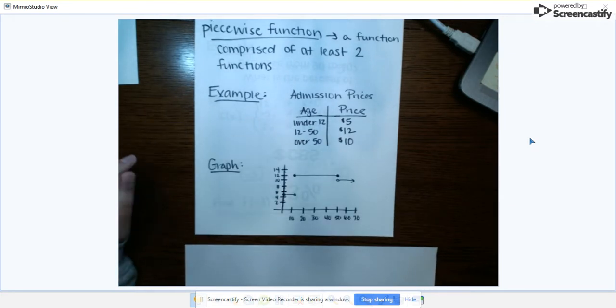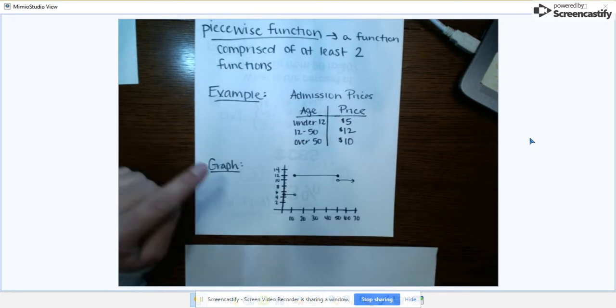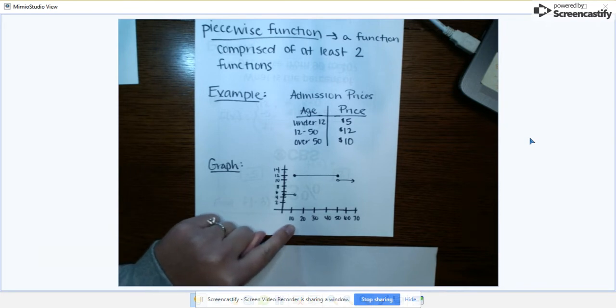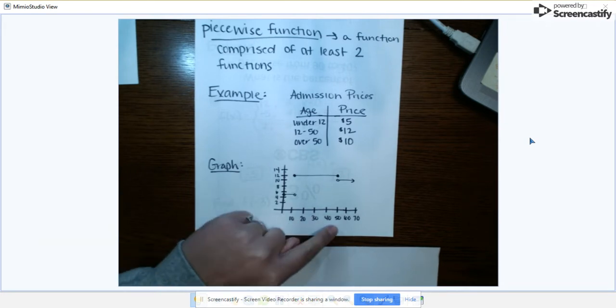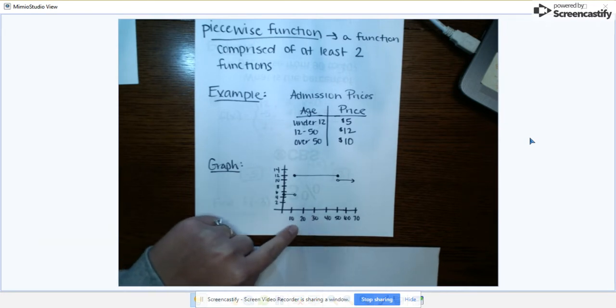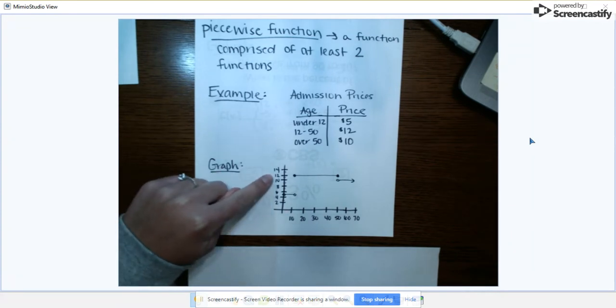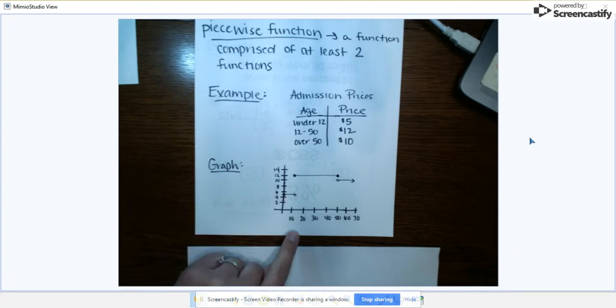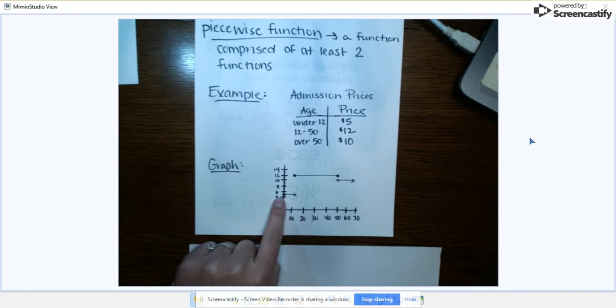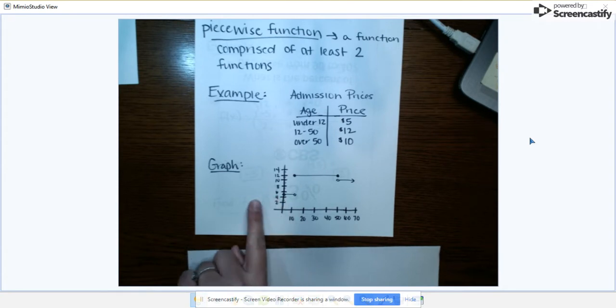So I created the graph. I didn't label my axes, which is my fault, but the x-axis is your age. The y-axis is the price. So if you're less than 12, that's about right here. That means we pay $5. Obviously we cannot be a negative age, which is why this does not go to negative x values.